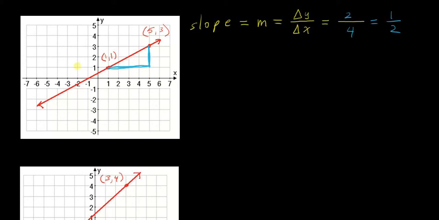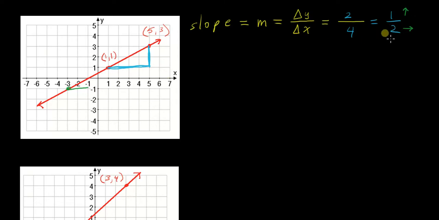All the slope says is that if I am at some point on this line and I gain 2 x's, so this is positive, so it's going to the right. This is positive, so it's going vertical, up. Y is always vertical, so it's going up. If this was negative, it would go down. If this was negative, it would go to the left.